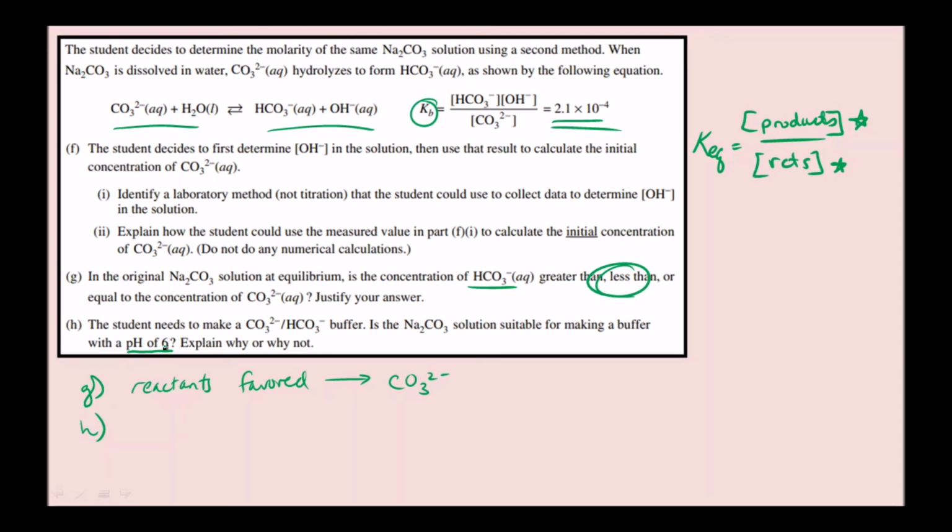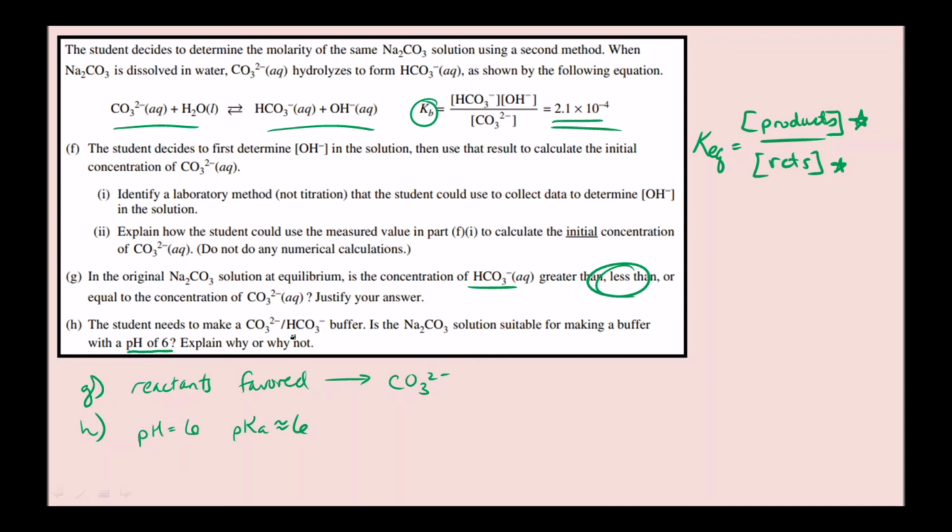Buffers are effective at buffering pH when the acid that's being used has a pKa that is close to the desired pH. So if the pH we want for the buffer is 6, that means that we want the pKa to be also close to 6 for the acid that we're using in our buffer.